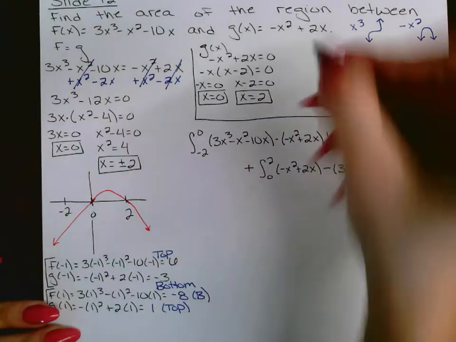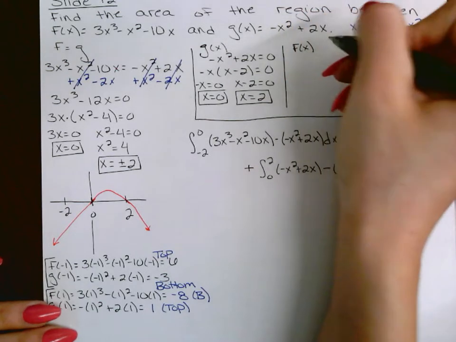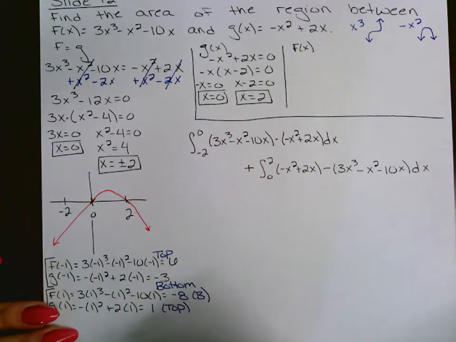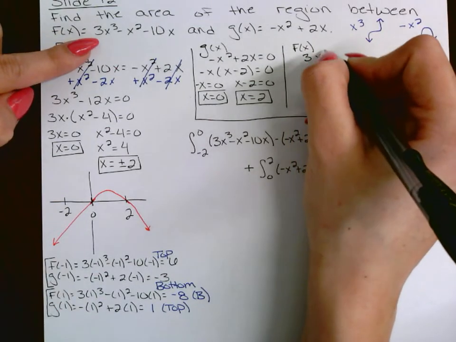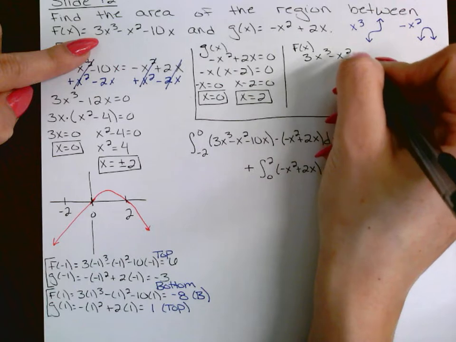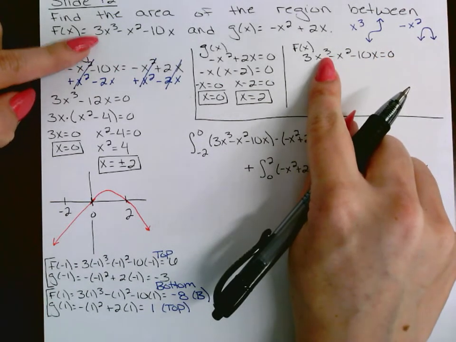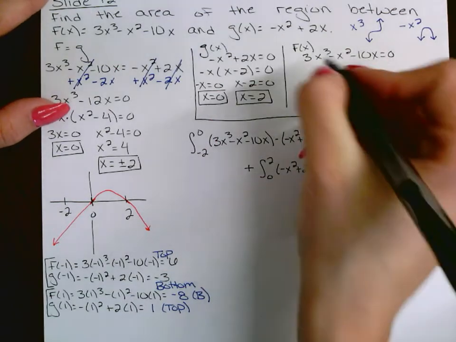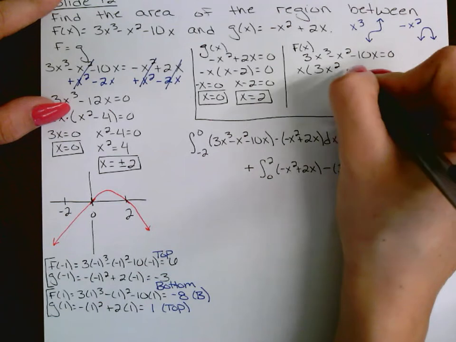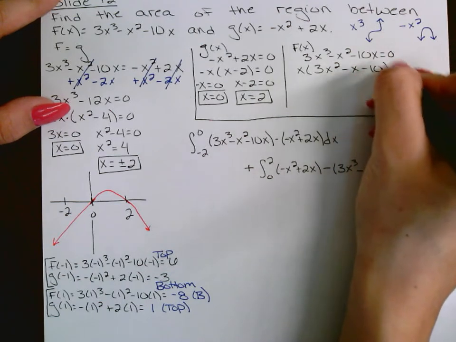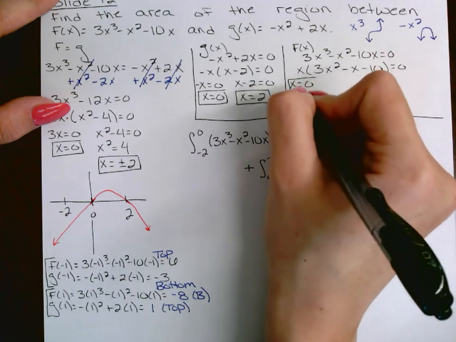And now if I want to do the same thing for f, I already know who's on the top and who's on the bottom. I can say 3x cubed minus x squared minus 10x equals 0. Highest exponent is 3, so I should hit 3 times here. So I can factor out an x, and I could say x equals 0.